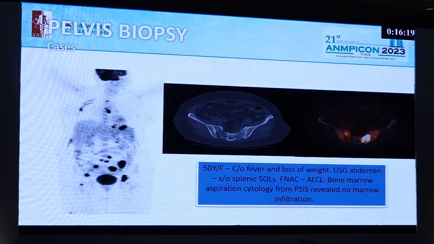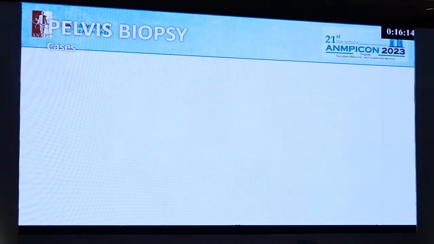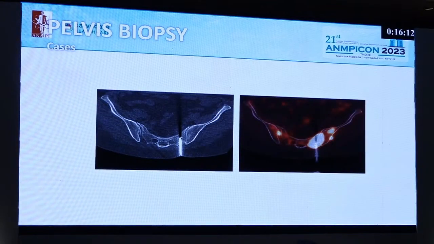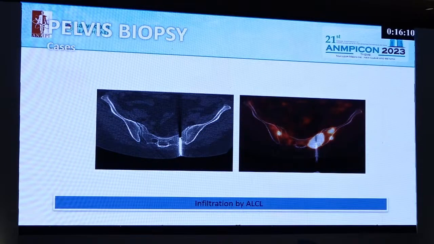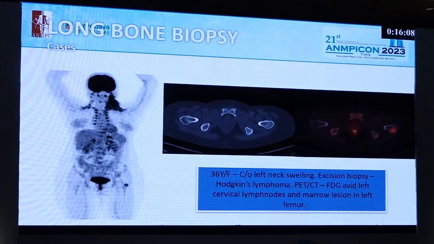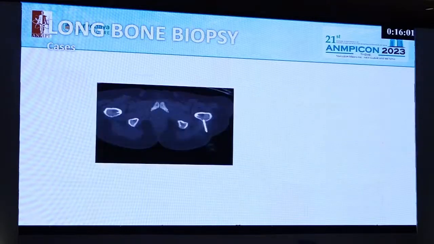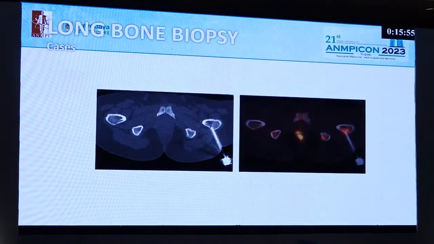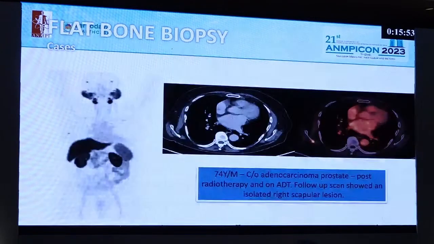In this case, we took the sample from the sacrum, and the sacral lesion turned out to be a large cell lymphoma. We are also approaching some long bones. Here is a demonstration of a biopsy from the left femur, and after the biopsy it turned out to be Hodgkin's lymphoma.